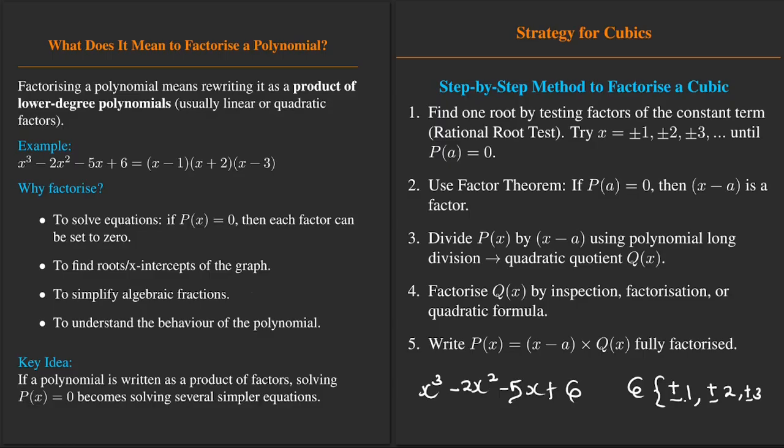Then what you do is you substitute each for the x. So you can start with x equals 1. Then you'd evaluate the function at 1. You can also evaluate the function at negative 1. The main thing we want to achieve here is to get the value that gives the function a result of 0.